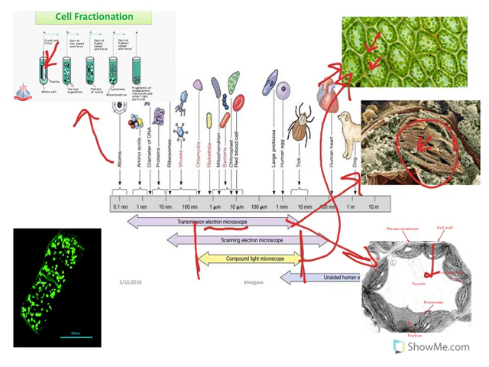The heavier pieces are going to go down to the bottom, and the lighter pieces are going to float up at the top. As you spin it more, you start getting these different layers of organelles within the cell, and then you can take a sample from that. In this example, it's fragments of the endoplasmic reticulum, and you can study that.